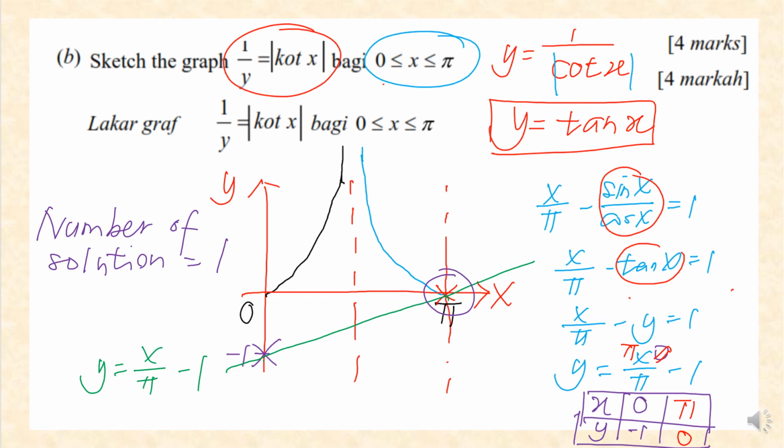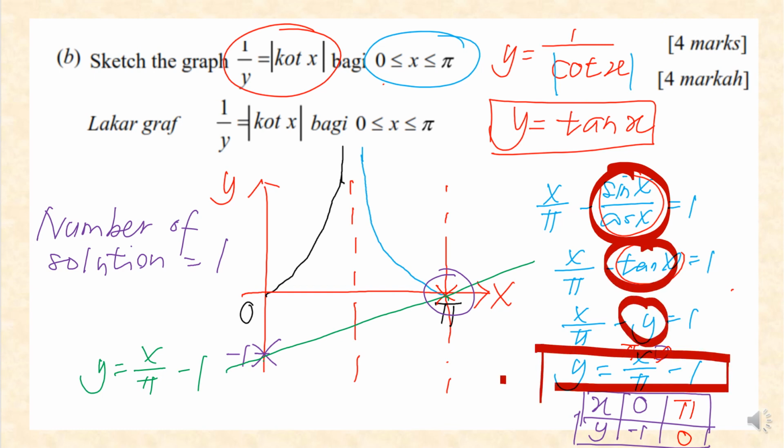Because this is part C, I'm still in part B because I'm using the part B slide. So 3 marks for this. Where are the 3 marks? Listen here, I'm going to tell you where the 3 marks are given. The first mark goes here: when you are able to substitute this with this to come up with the equation, you get 1 mark.